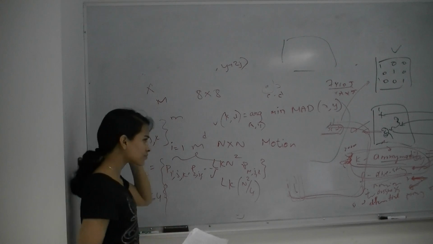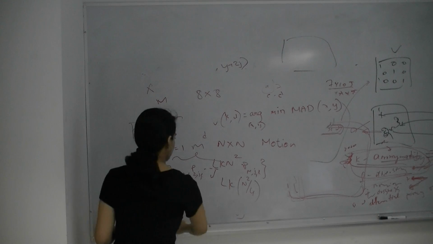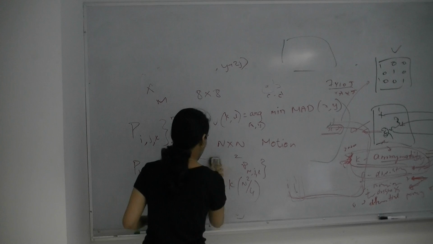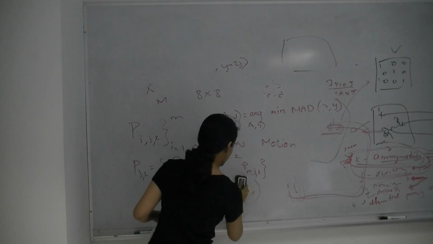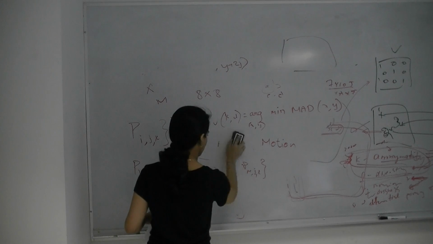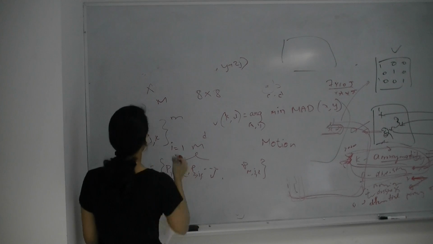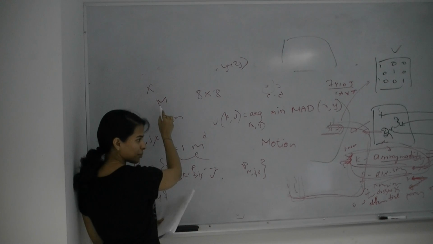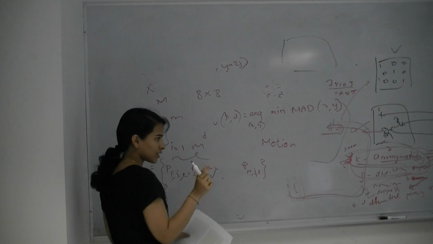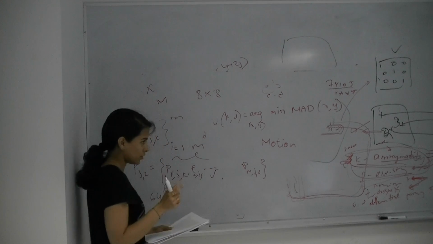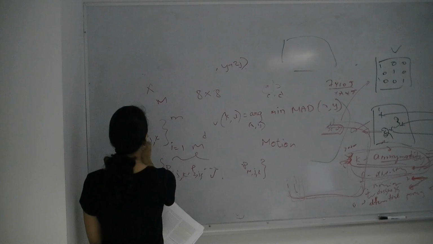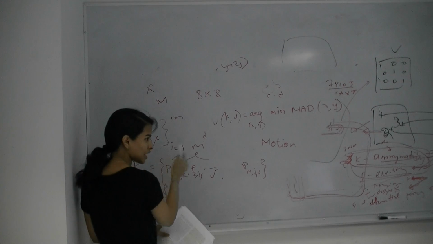Can you explain this again? Yeah. N patches are found similar for the reference patch which we considered in the first frame. Now this P contains all those n patches.